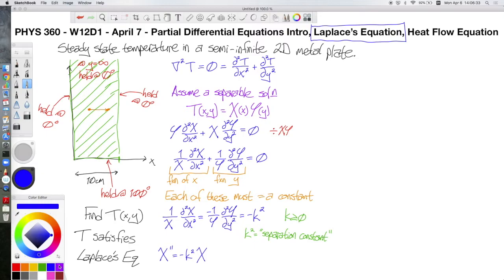So I'm going to overwrite these in a different color to show you what I'm talking about, but all of these dels in these equations become d's, which is the helpful thing about this, because we've just taken a partial differential equation and turned it into two separate ordinary differential equations.